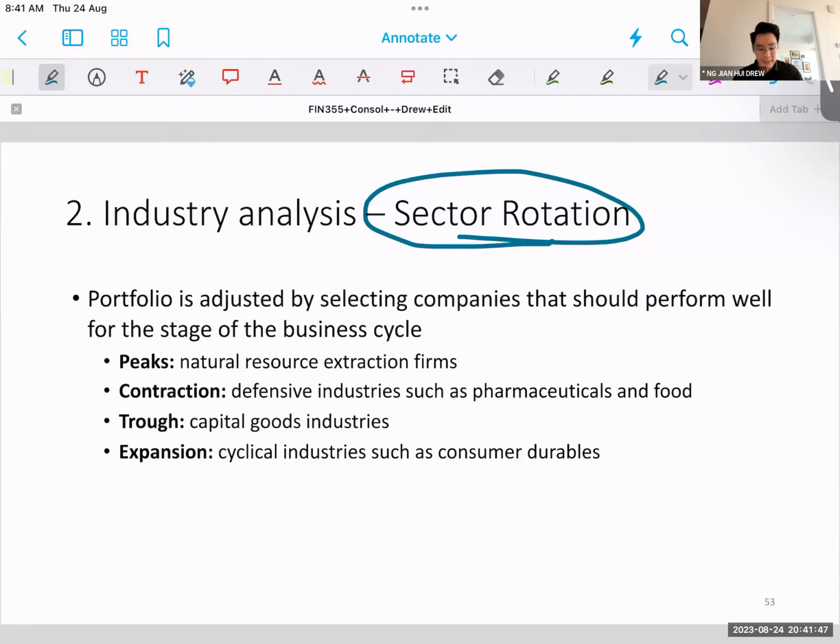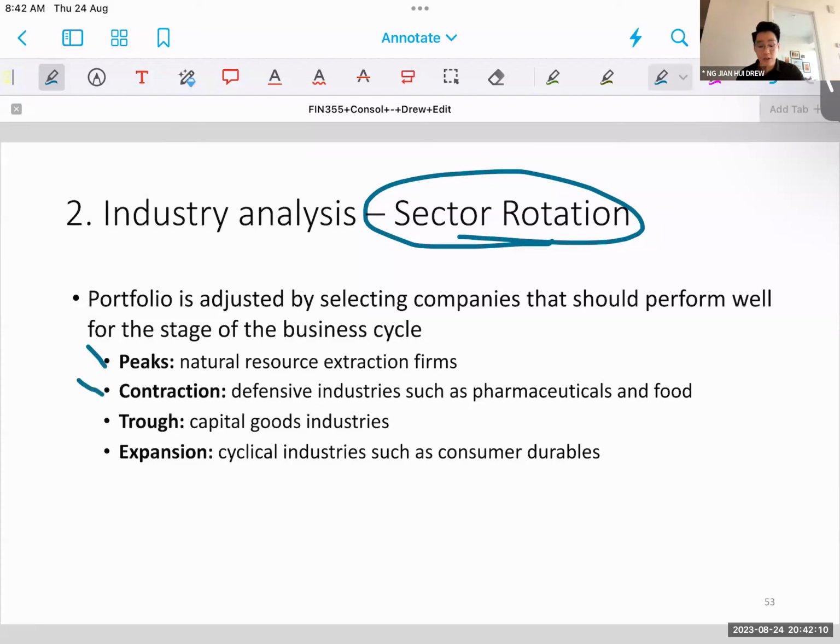So this is an example where, if we are at a peak level, we should invest more into natural resource extraction companies. Why? Because when the economy is doing super well, there's a demand for resources to increase production, for things like oil, and therefore we should invest in natural products.